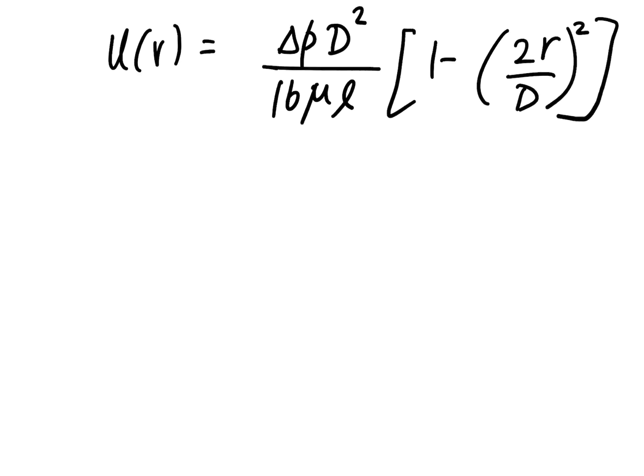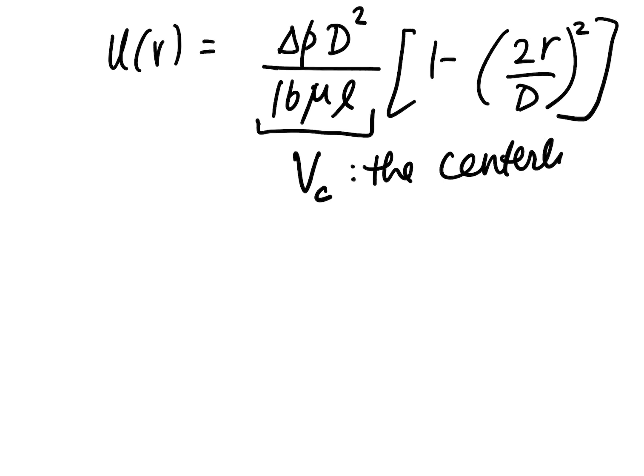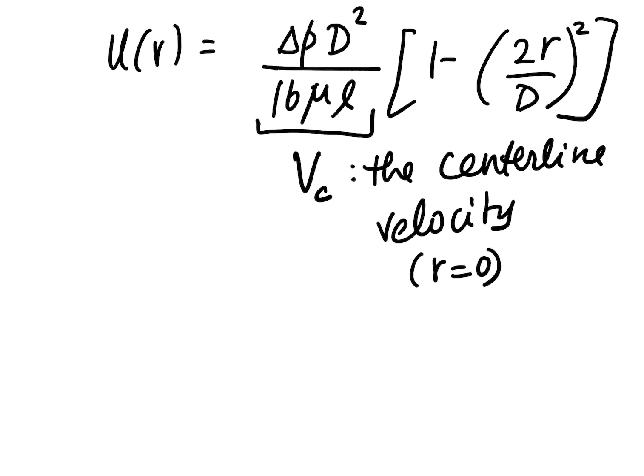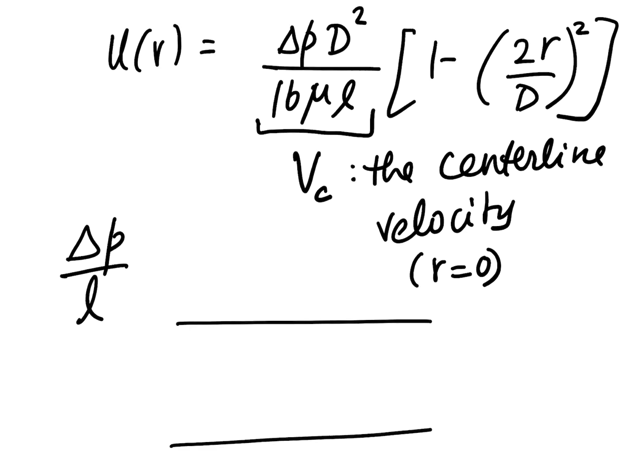We'll call this quantity here Vc, the center line velocity, because if you set r equals 0, you get this quantity as your u. In a pipe flow, the quantity delta P by L is simply the pressure drop across your pipe.